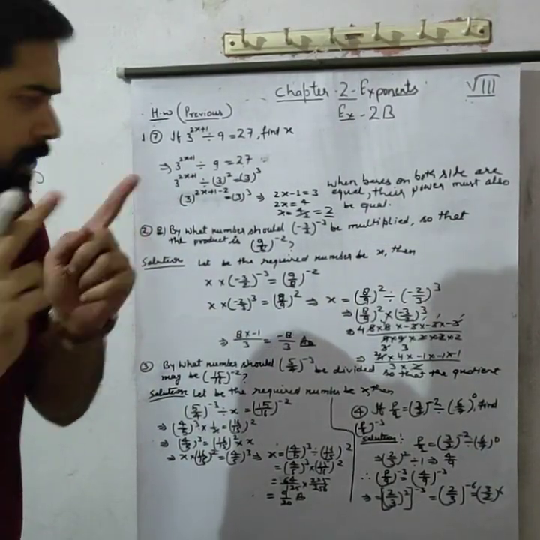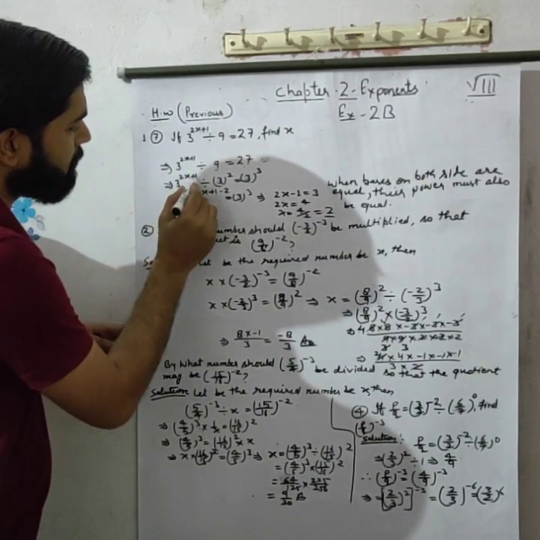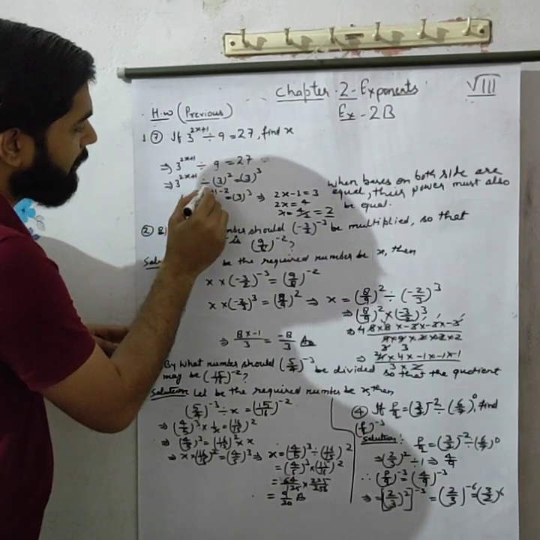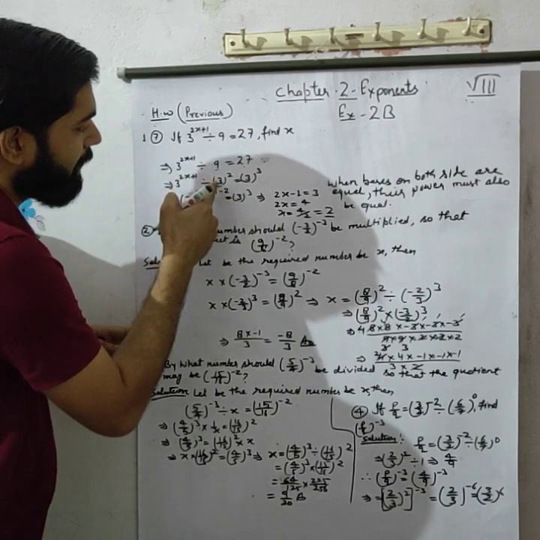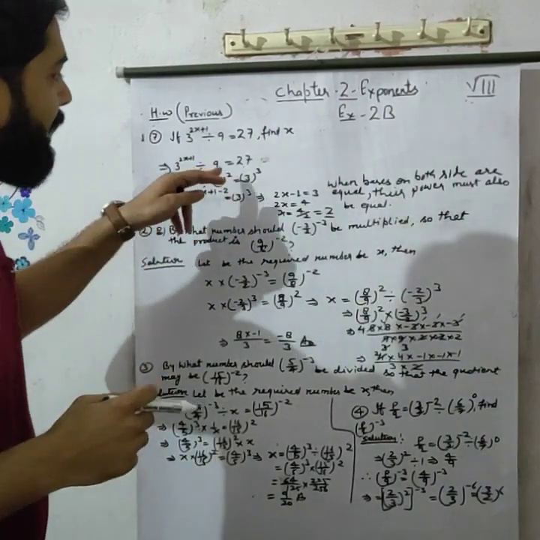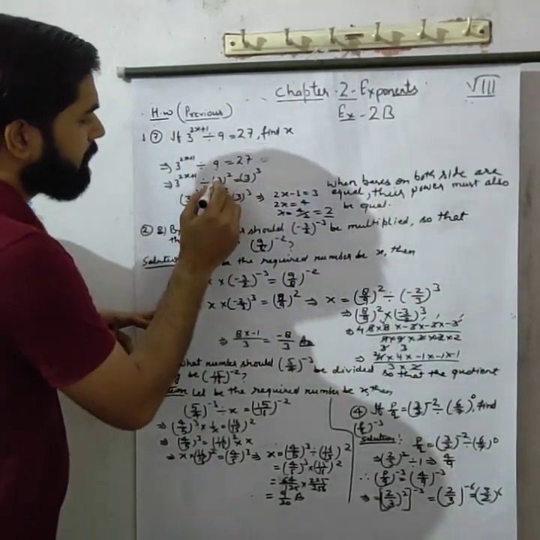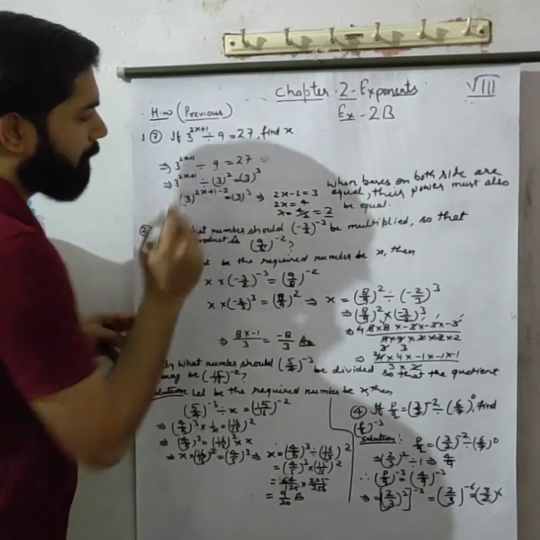Yes or no? Yes. So 9 is 3 raised to power 2, and 27 is 3 raised to power 3.